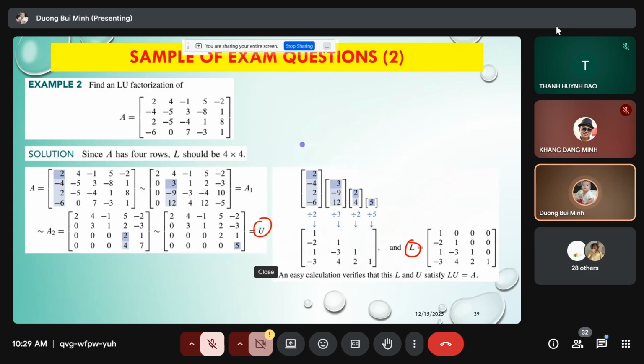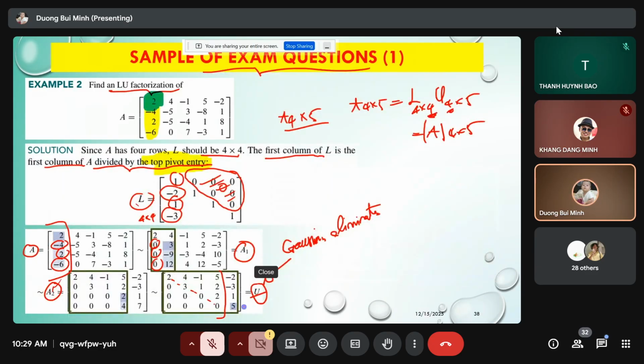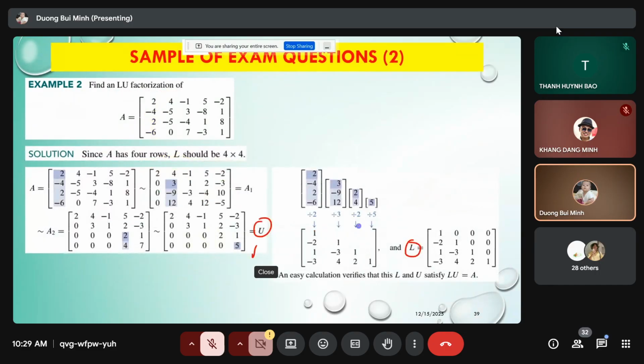So here I just copy. Now I would like to get L. This is the first column, which is the same as the first column of A. And here you can get the second column of A1.